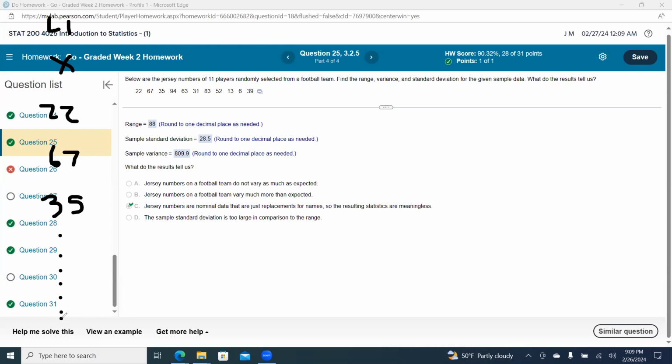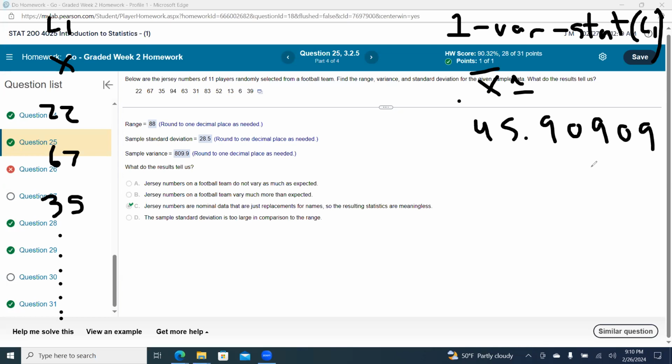What we do is, if I write over here on the side, a side note, just because I'm trying to save room, we have to do one var stat L1, and we have to get the X barred. We're looking for the X barred, which is the sample mean.